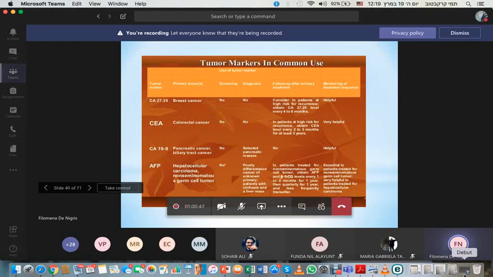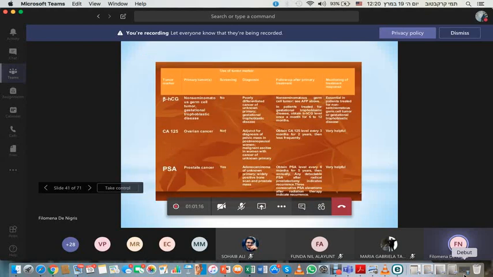This slide is to recapitulate which kind of marker we can use and how we can use them. Most of them, you see, are not for diagnosis, are not for screening. They can help, and here is indicated which kind of tumor this kind of marker can be useful for. The only marker that we can use for screening, marker in blood, of course, is PSA.